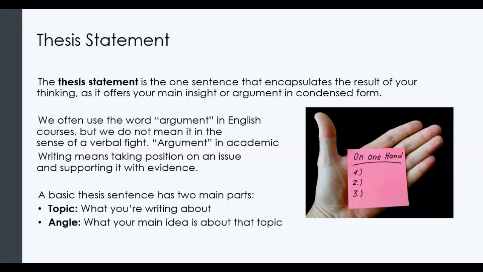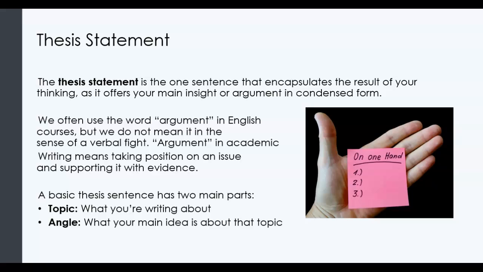Thesis statement. The thesis statement is the one sentence that encapsulates the result of your thinking, as it offers your main insight or argument in condensed form. We often use the word argument in English courses, but we do not mean it in the sense of a verbal fight.